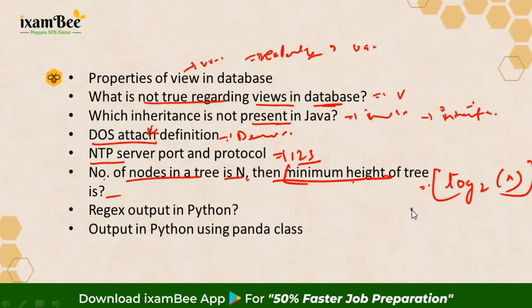And in terms of levels, how are we able to calculate the height? There is a formula, log 2n plus 1. The 1 is basically used for level 1. So if we want to calculate the height on a particular level, we will use this formula.